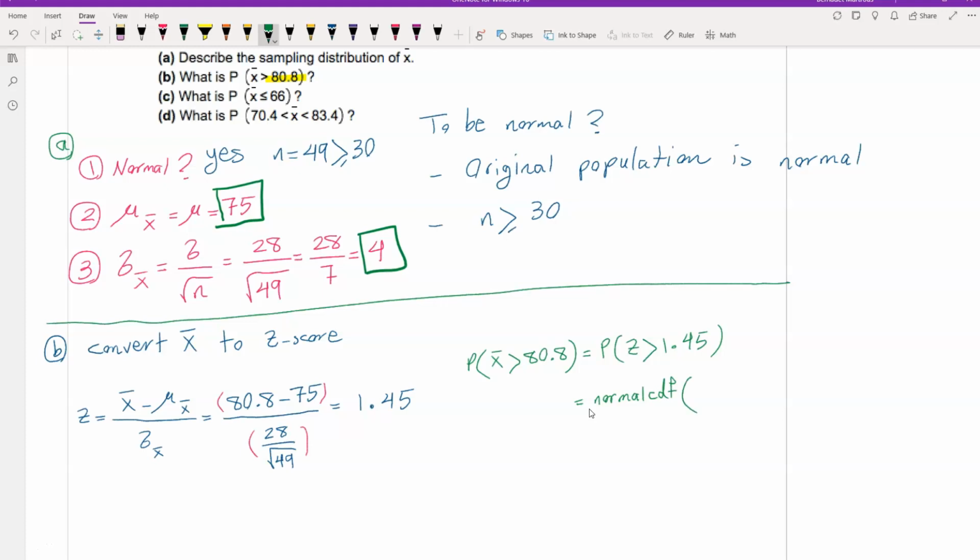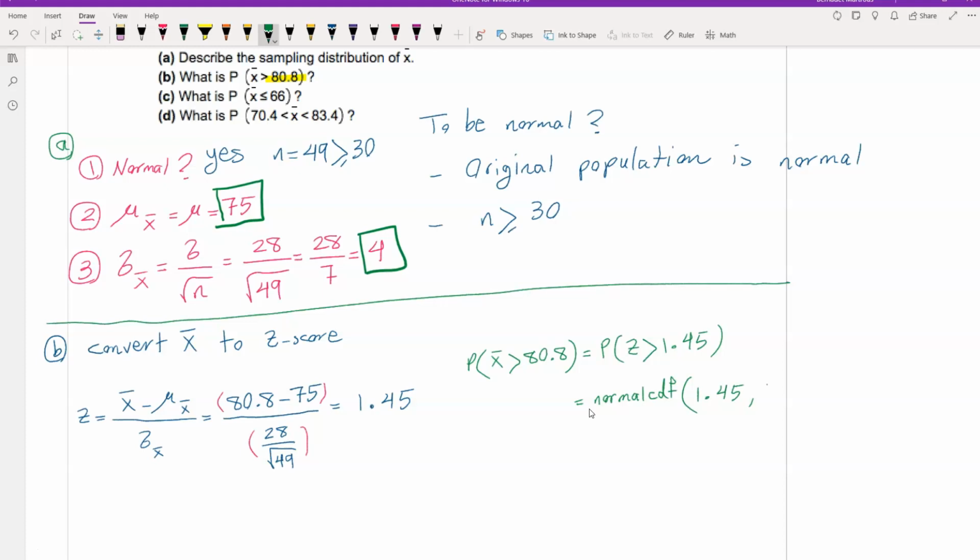Because of having greater than, first we have to enter our Z-score, comma. Then we enter a positive infinite large number. You can enter 1 exponent 99, or 1E99, or 9999. In all these three cases, you're going to have the same answer.